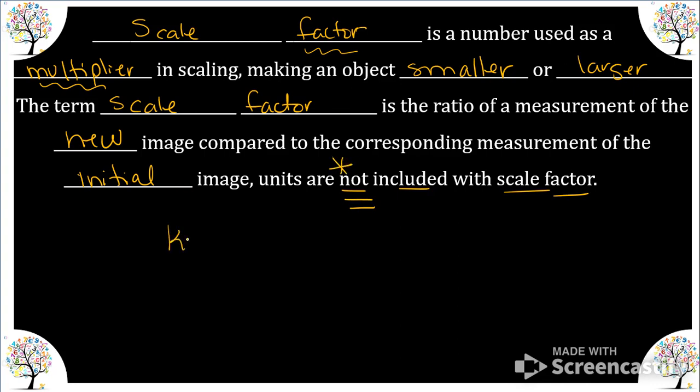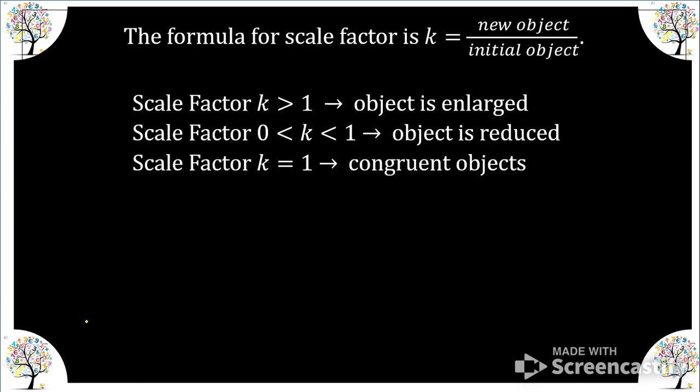So scale factor, we'll use a K to represent scale factor. It's going to be new compared to the corresponding initial measurement. New over initial. So here are our formulas. If our scale factor is more than 1, we've multiplied by a number more than 1, we have enlarged an object.